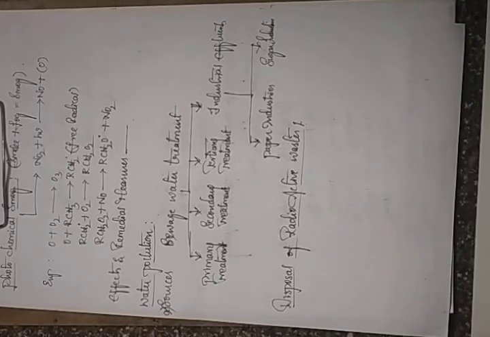Finally, the disposal of radioactive waste. Nuclear fission reactions are carried out under controlled conditions in nuclear reactors using nuclear fuels like uranium, mainly uranium-235, for the production of electricity.